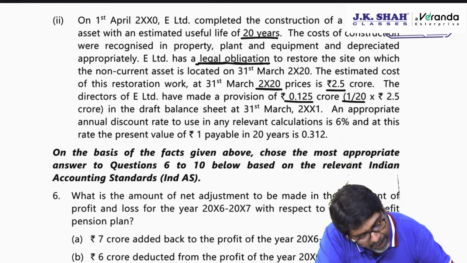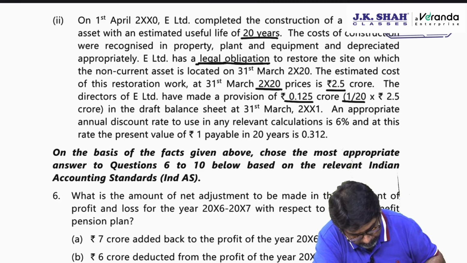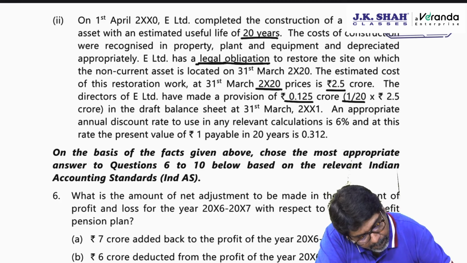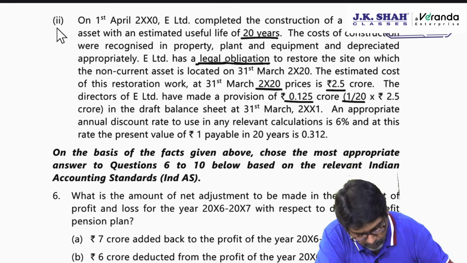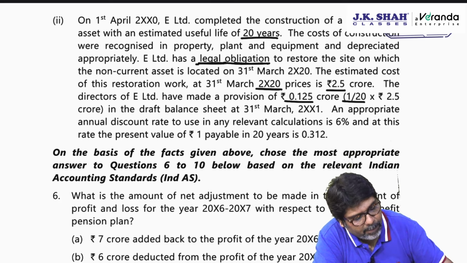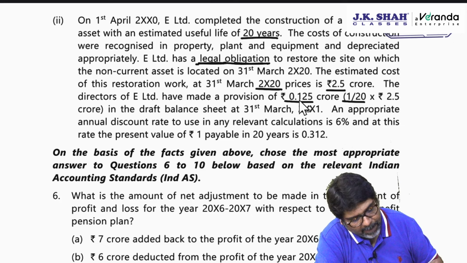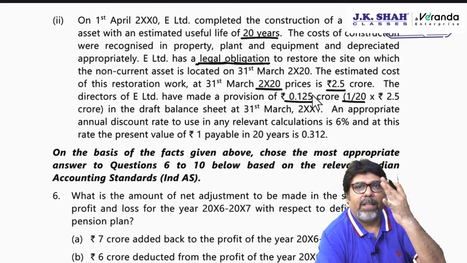Oh my God. So they would have passed the entry PL to provision, because they have made a provision of 0.125. They have not adjusted with the asset.